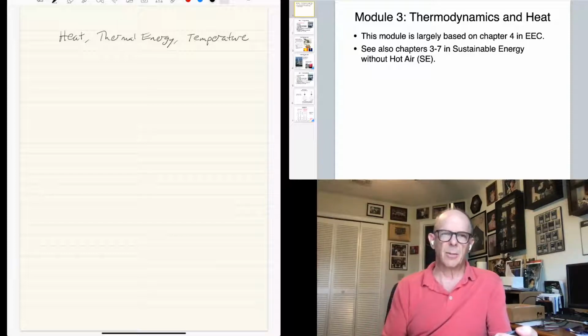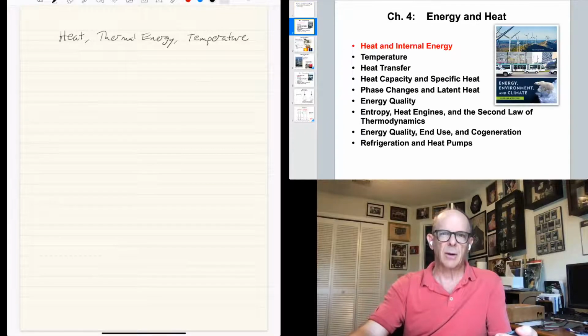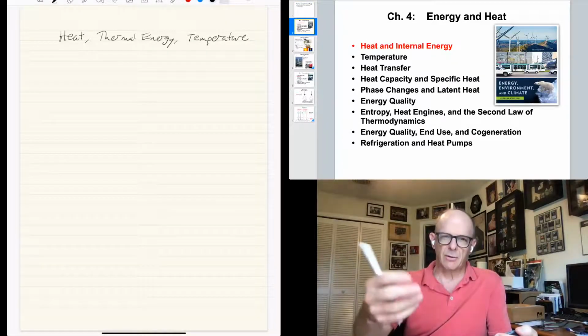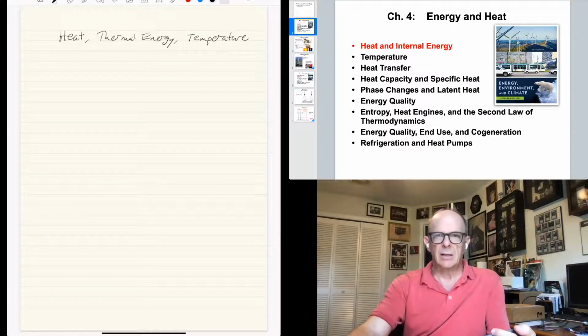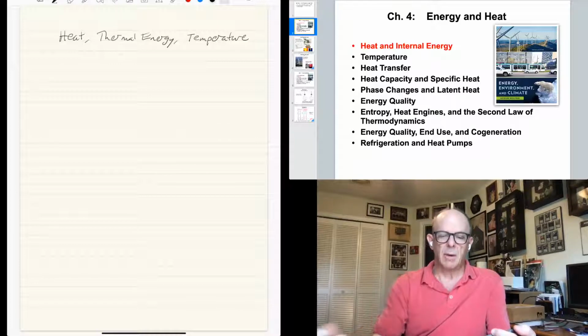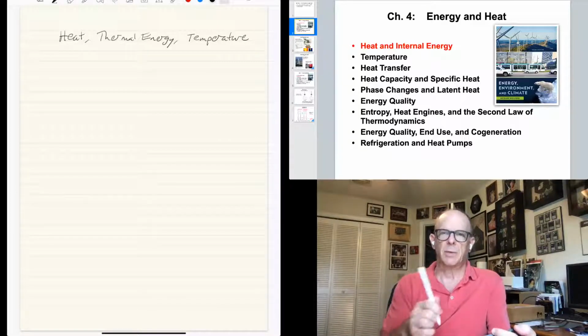So first, let's define what it is we're actually talking about with thermal energy, and it's also called in the textbook internal energy. That just means it's the energy of the constituent parts of a thing. So my pen is at room temperature.